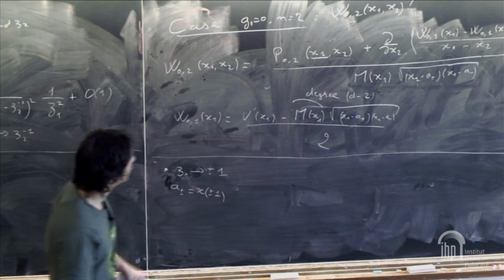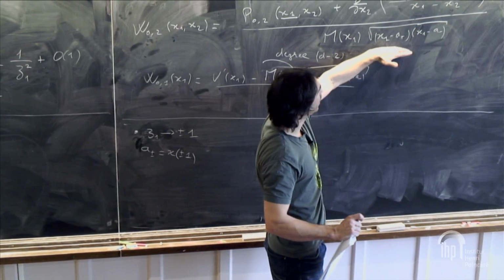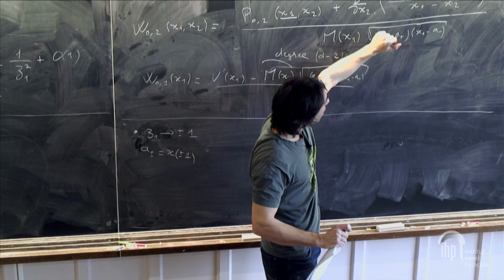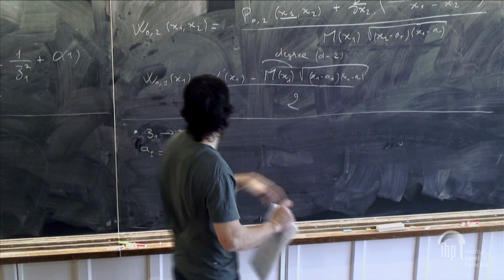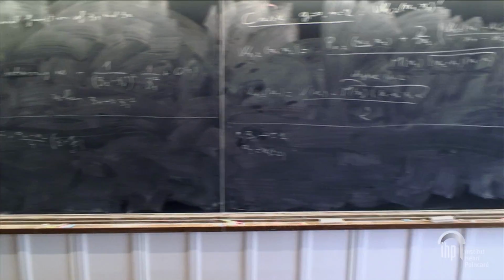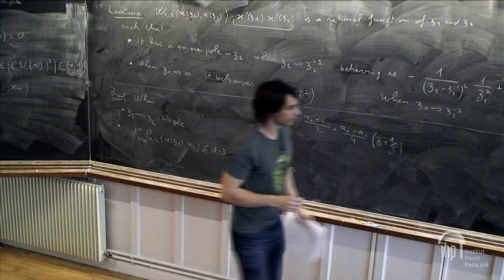Now, we could have something which is vanishing downstairs, so a simple 0 at most, which could give us a simple pole. But now, I did multiply by this, x prime of z1 times x prime of z2.